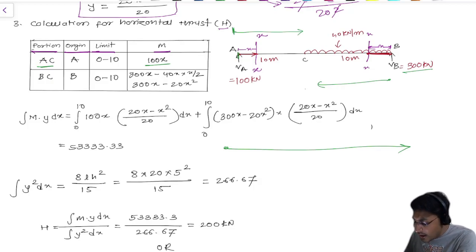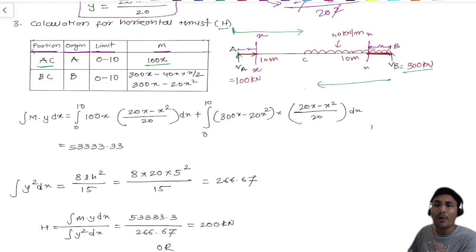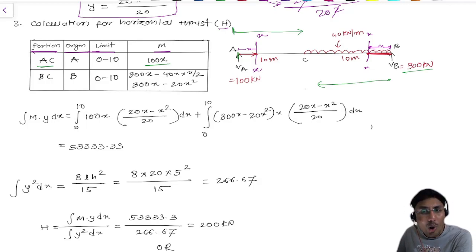But in this scenario we are going from B point to C point, so our clockwise becomes anti-clockwise and anti-clockwise becomes clockwise. In the B section, the origin will be B and the limit is 0 to 10, as the total span is 10 meters. We have also drawn one section X, with a distance of X.